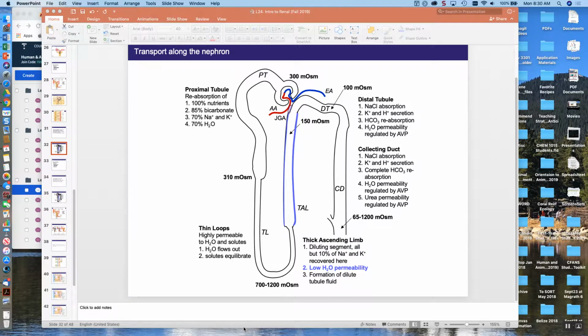Today what we're going to do is start off with some Top Hat questions. I'll review, and then we'll talk about Top Hat. Then we're going to get into some of the nitty-gritty today, looking at transport properties through the nephron.